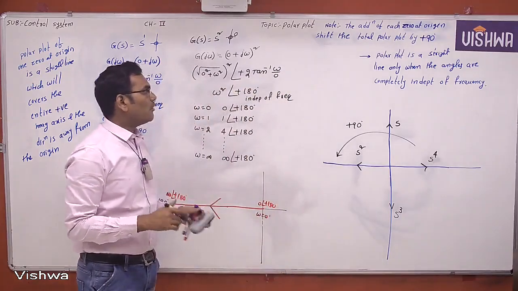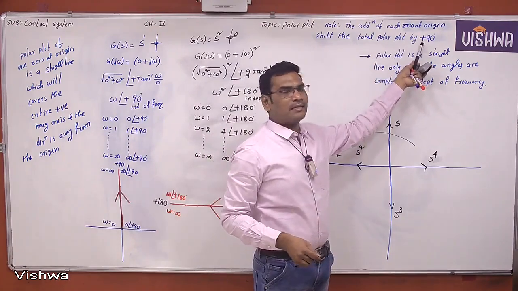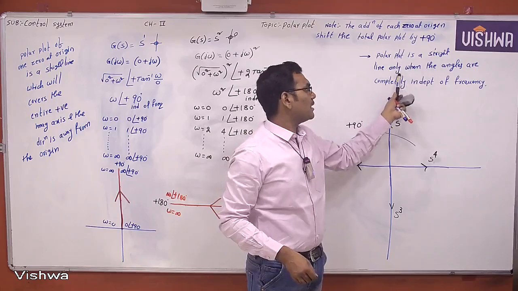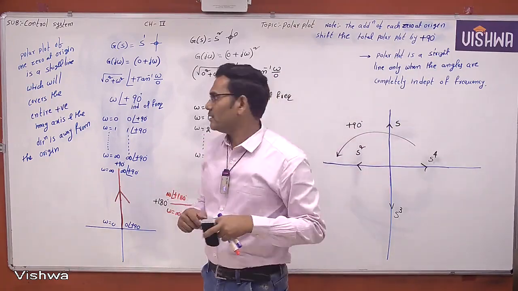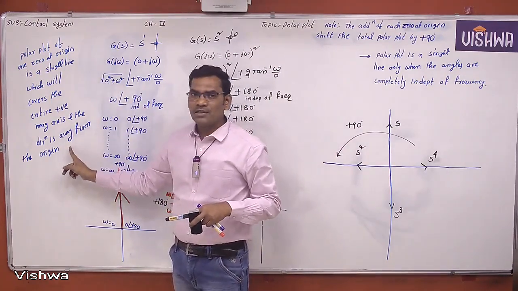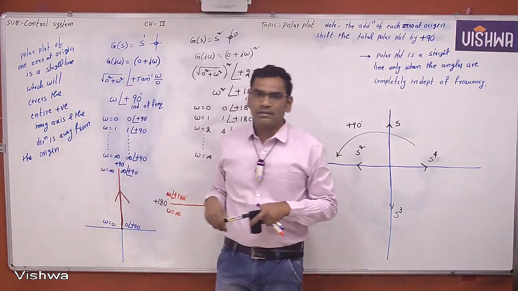So the addition of each zero at origin shifts the total polar plot by plus 90 degrees in the anti-clockwise direction, and the polar plot is a straight line only when the angles are completely independent of frequency. And the polar plot of zero at origin is away from the origin, and the polar plot of poles at origin is towards the origin. Okay, note on this.